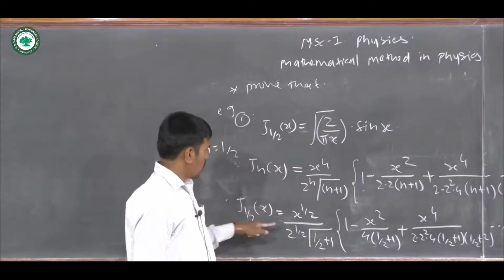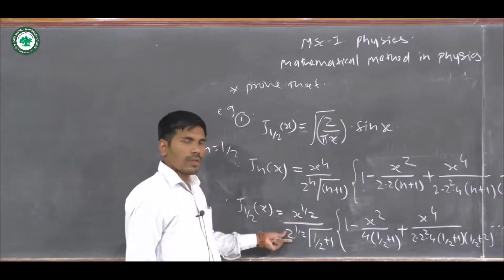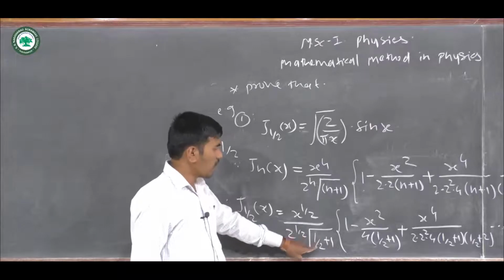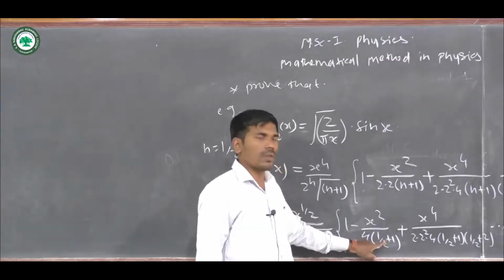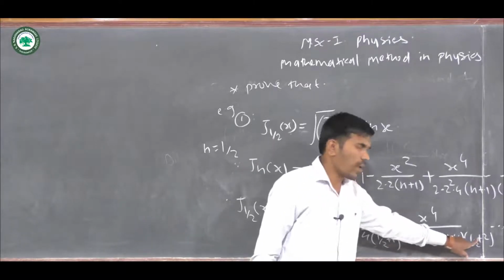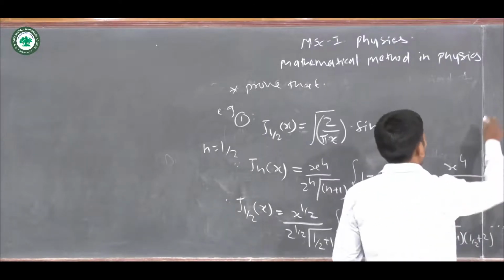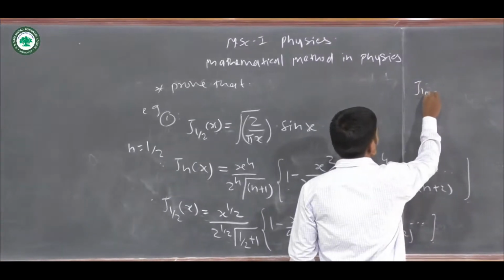This x power half is under root, this 2 power half is also under root, and half plus 1 is 3 by 2, and this is 5 by 2.